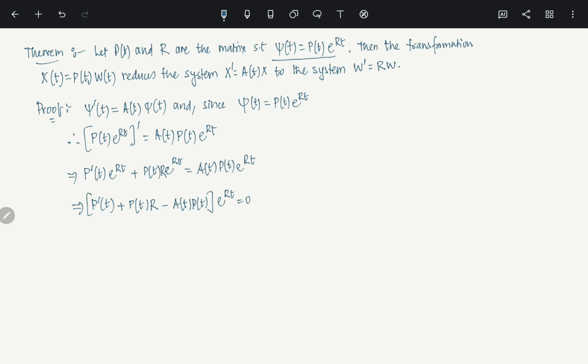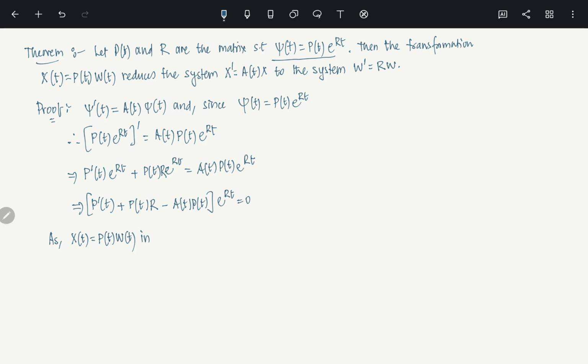Is this okay? Now if you use this transformation, basically x is given by P of t times w of t. So using the transformation, x of t is nothing but P of t times w of t.